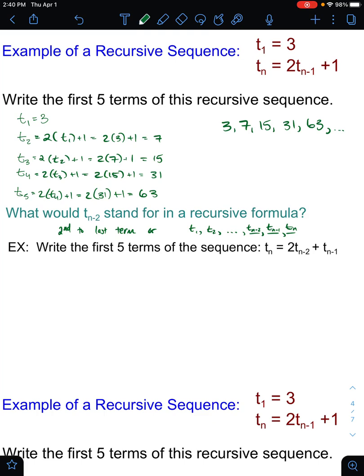So here's an example using that. Write the first 5 terms of the sequence t sub n equals 2 times t sub n minus 2 plus t sub n minus 1. Well, we can't do that because I was not given starting terms.